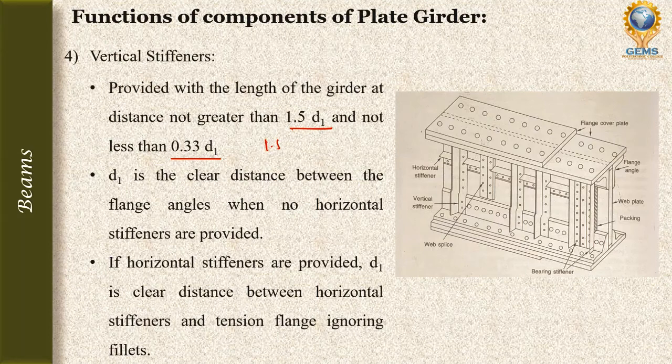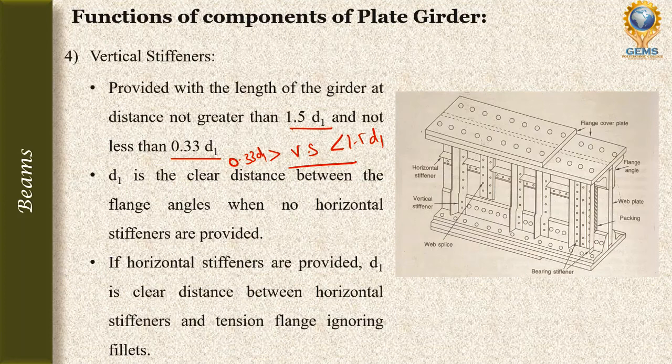So not greater than 1.5 d1 and it should be greater than 0.33 d1. In that place we will give the vertical stiffener.